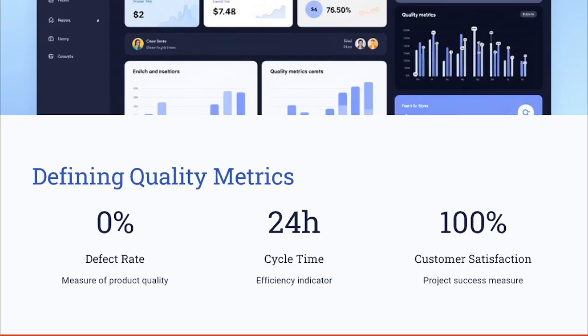So consider these quality metrics. You need to ensure that you have measurable quality indicators, like, as we say, the defect frequency, cycle time, or satisfaction. For example, in case you are developing a website, you might have a quality requirement to ensure that the website loads in 2 seconds or 3 seconds.